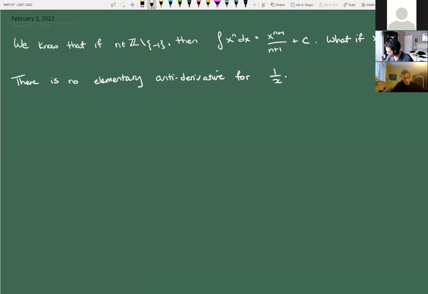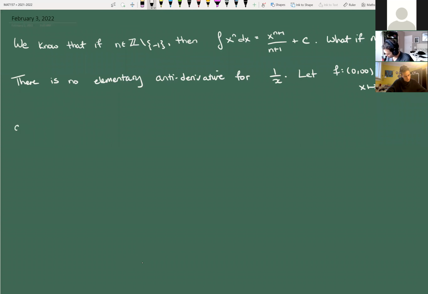So what we're going to do is we're going to define it to be. Oh, yes. Thank you for n equals -1. So yeah, let's define it. So let f be the function 1 over x. Now, of course, we run into trouble at 0, and we want our domain to make sense. So we're just going to restrict our attention to 0 to infinity. This is the function we're talking about, 1 over x.